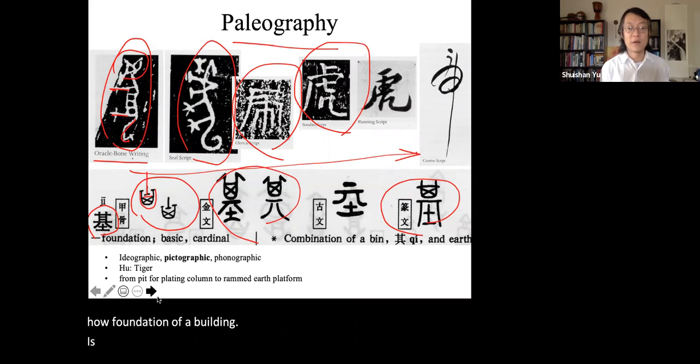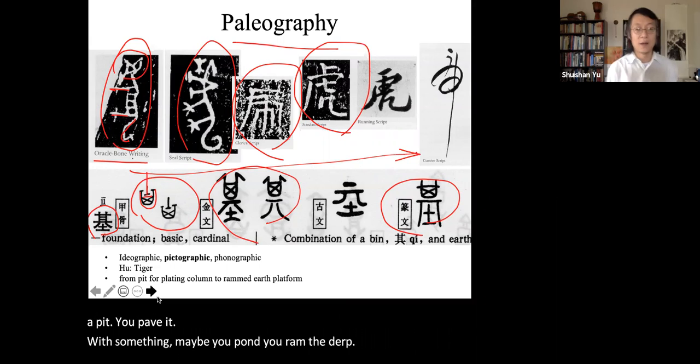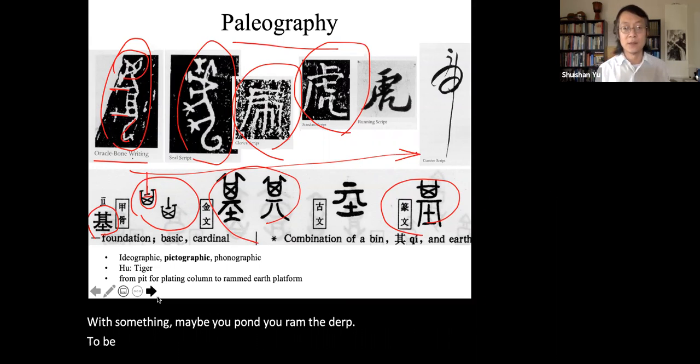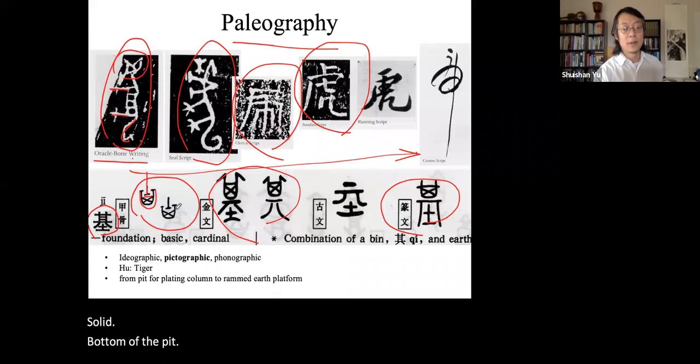And we see it very clearly in this old character, right? You dig a pit, you pave it with something, maybe you ram the dirt to be solid, and then you put a stone slab on top of that solid bottom of the pit, and that stone slab is going to support a wooden pillar.